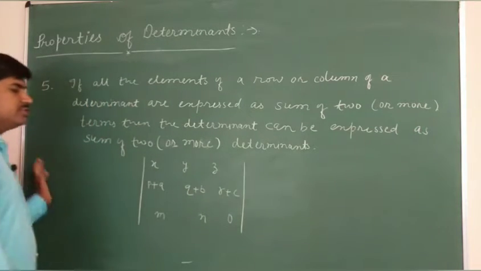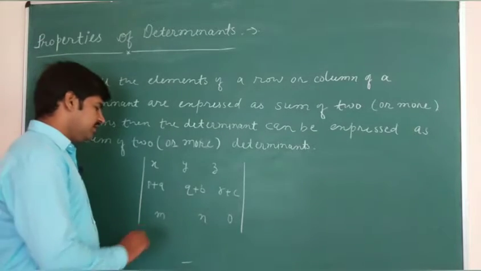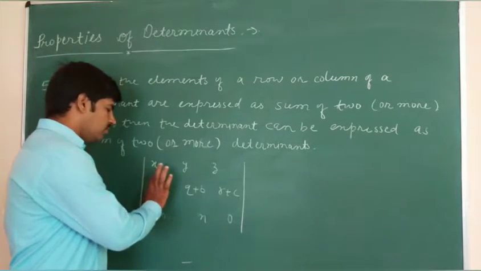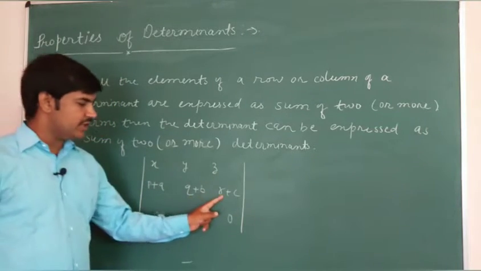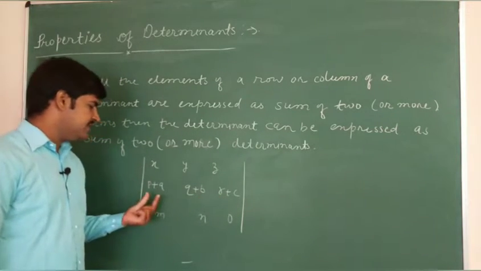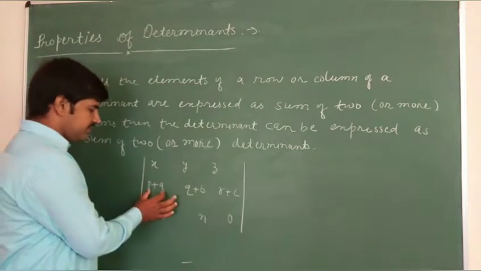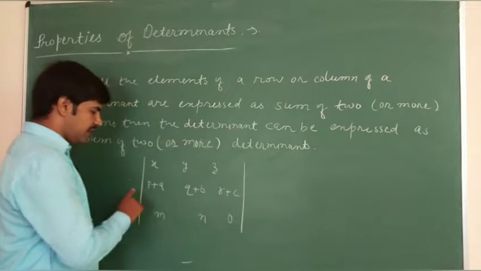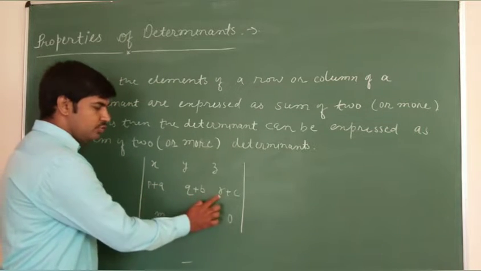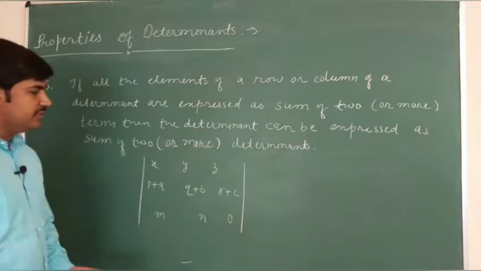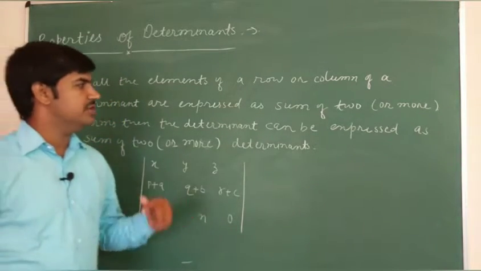This is a determinant, students. What we notice in this particular determinant, we notice that all the elements of R2, the second row, are expressed as sum of 2 terms. Therefore, this determinant can be expressed as sum of 2 determinants.